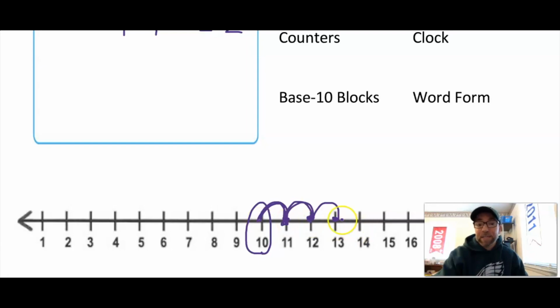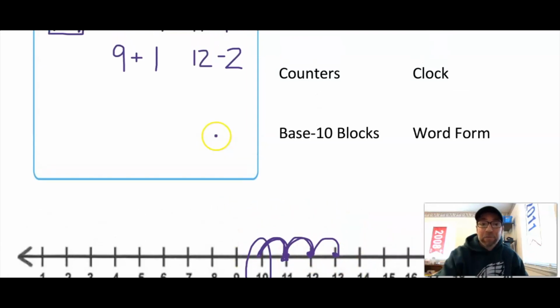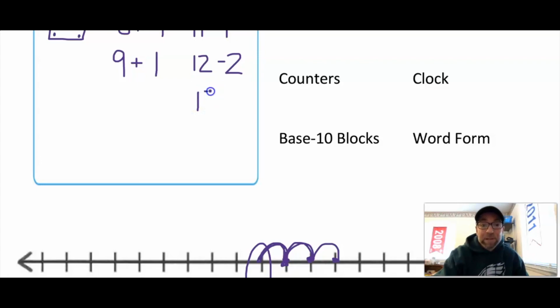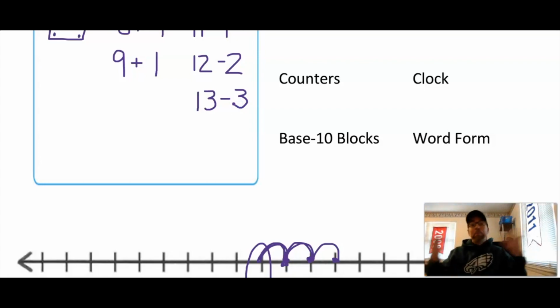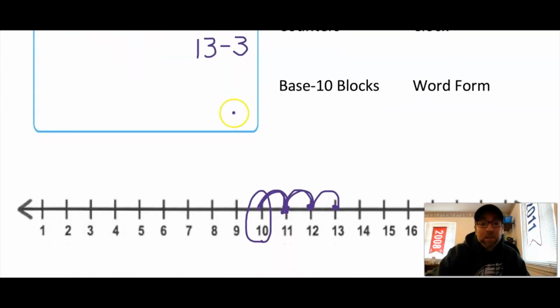Start at 13, count back 3. And I'll equal the number 10. So a number line will really help me to come up with subtraction problems. It will also help with addition problems because I can start at any number and do the same thing. 7, how many hops to get to 10?